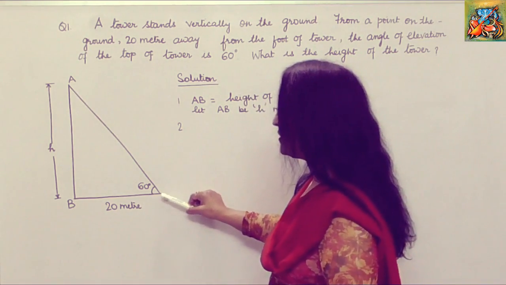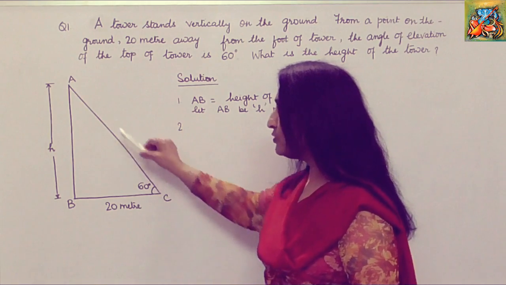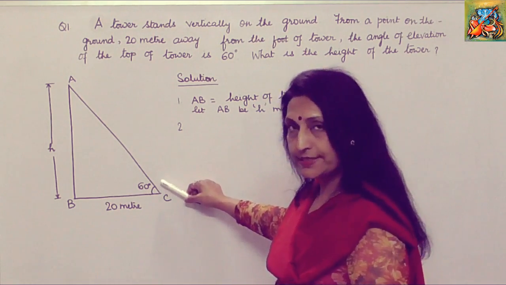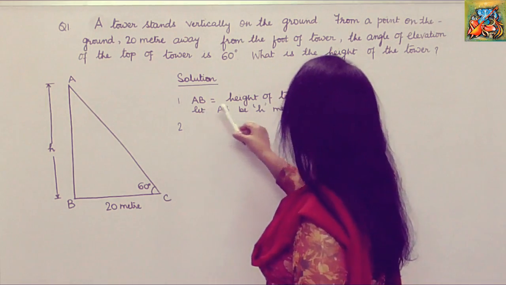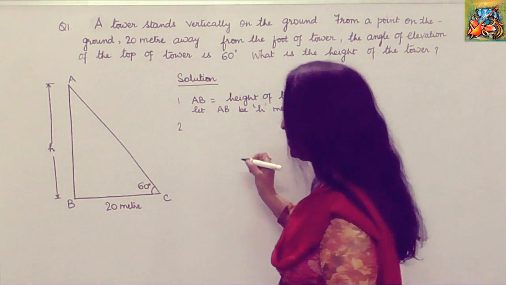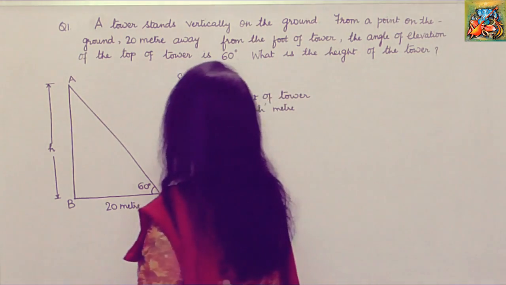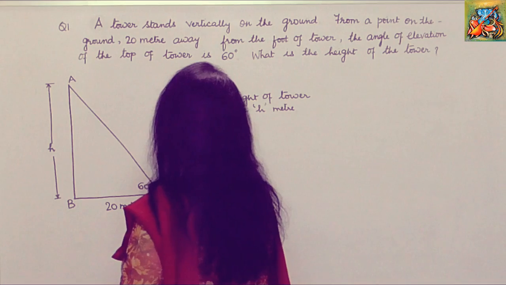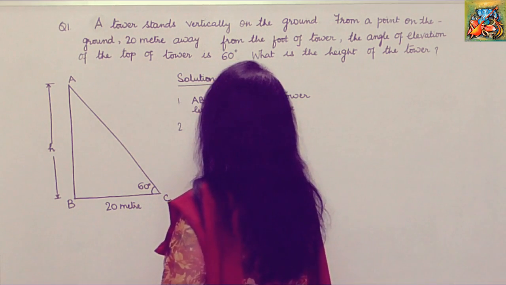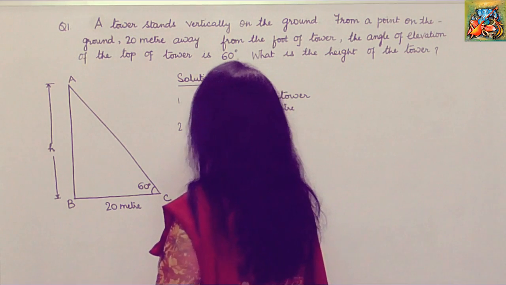And the angle of elevation from point C to A with the horizontal line is equal to 60 degrees. AB is the height of the tower, let AB be H meter. Second, BC is equal to 20 meter, which is given.